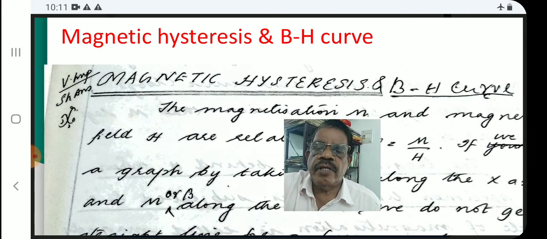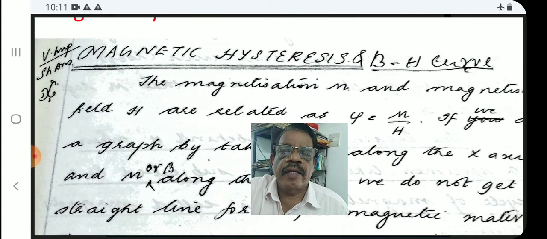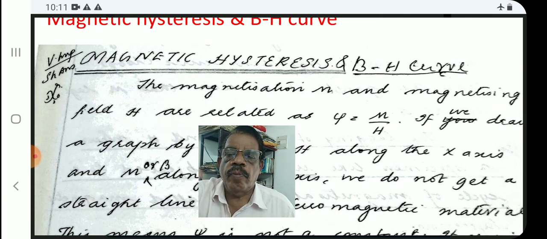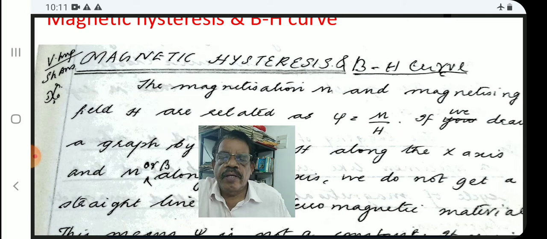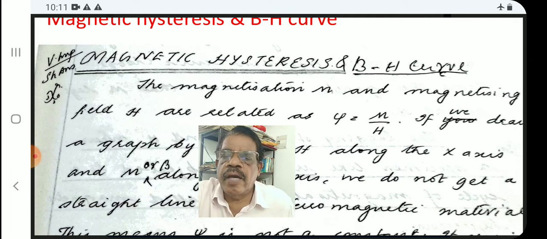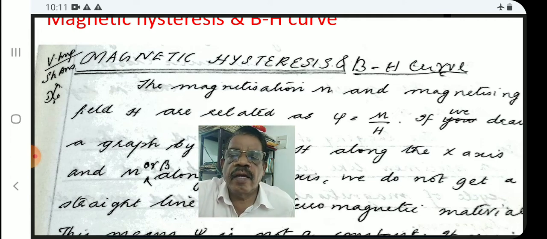The magnetization M and magnetic field H are related in the form psi is equal to M by H. And mu is equal to B by H, also you know. M and B are related.